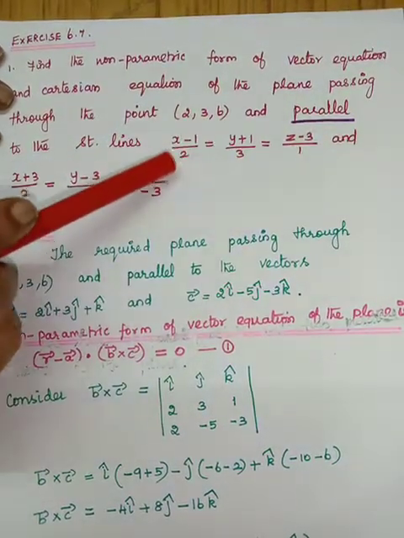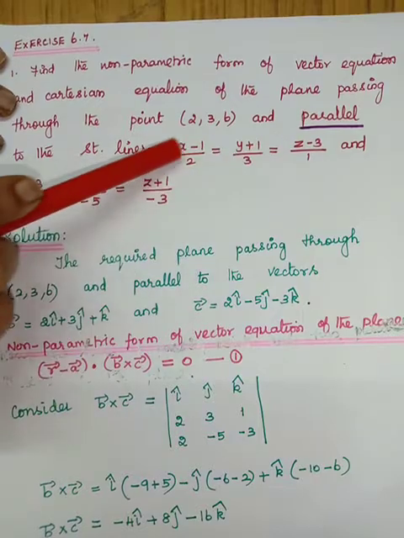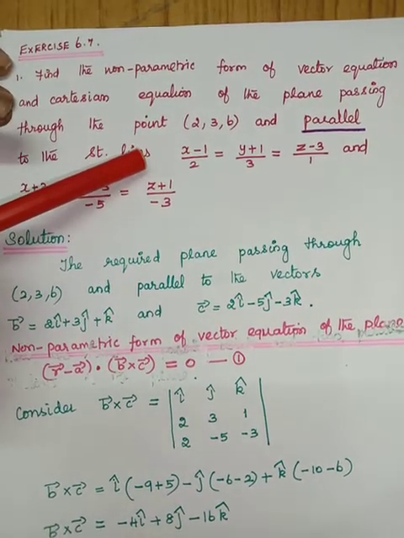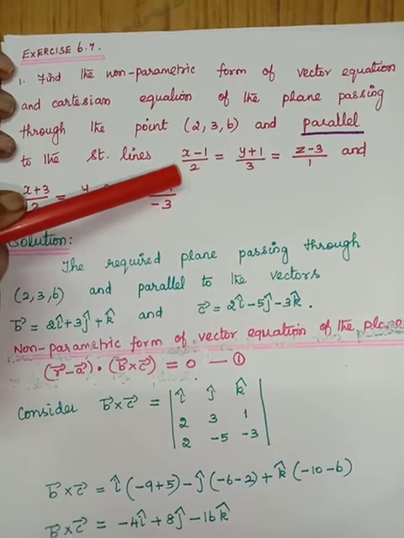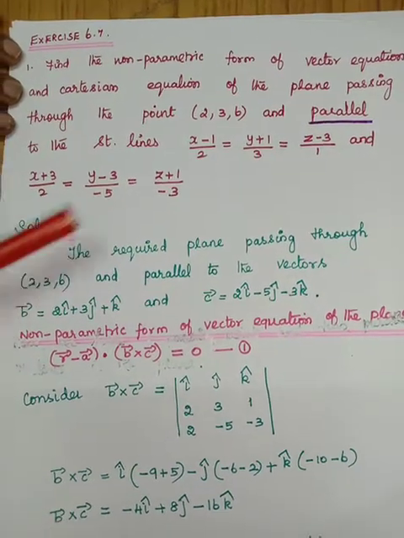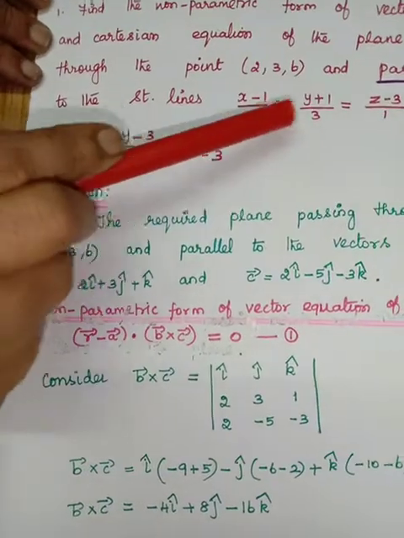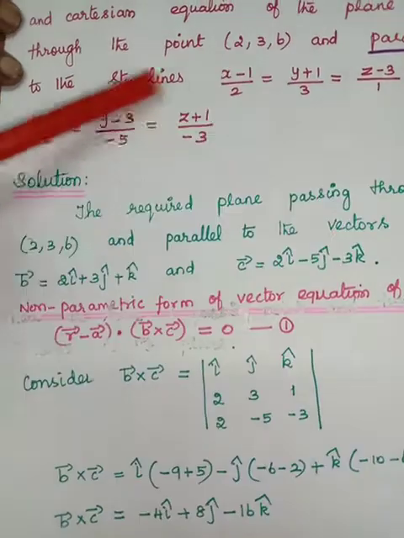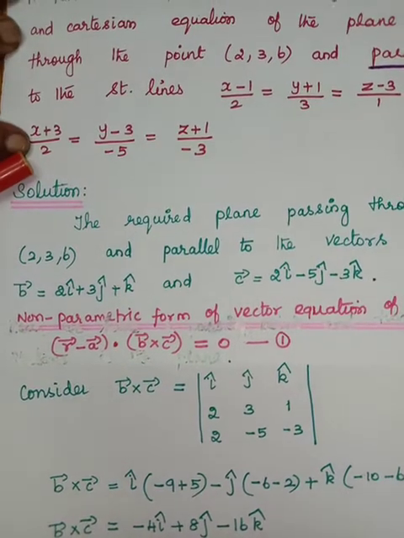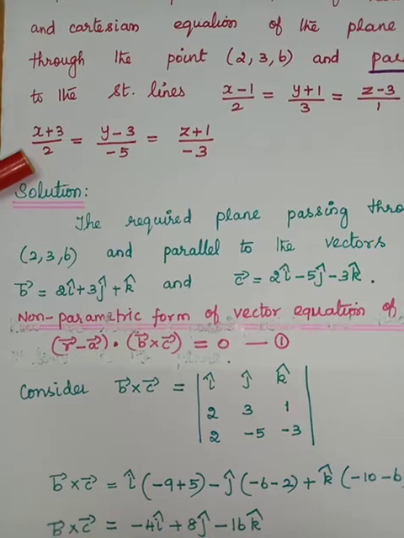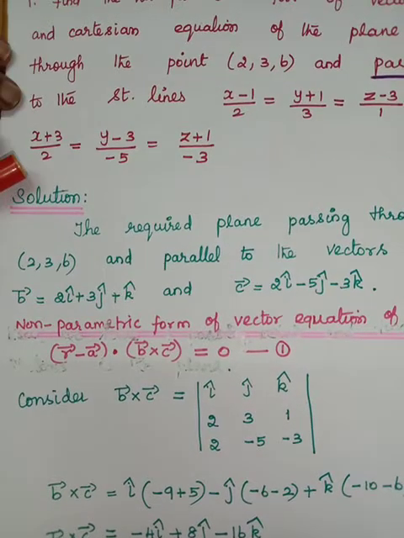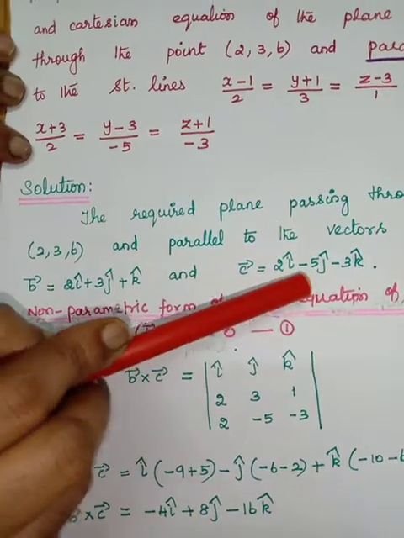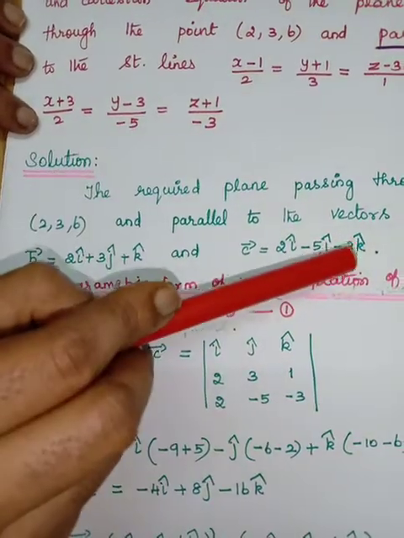From the first line, you see the denominator, that is the parallel vector of this straight line. It can be denoted as B vector is equal to 2i cap plus 3j cap plus k cap. From the second straight line, from the denominator, that is the parallel vector to the straight line, also to the plane, C vector is equal to 2i cap minus 5j cap minus 3k cap.